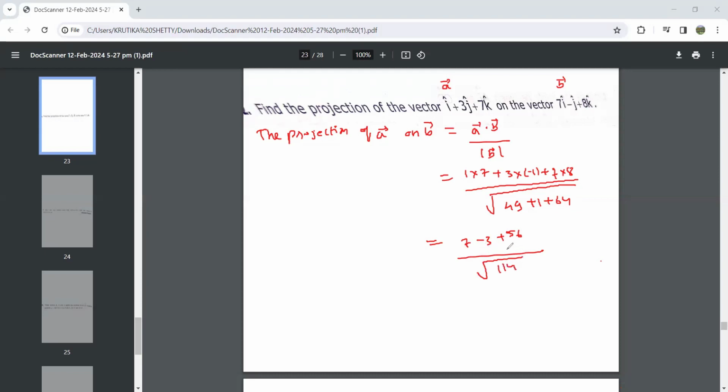And 7 minus 3 is 4, so the numerator will be 60. So this will be 60 divided by root 114, which is the answer.